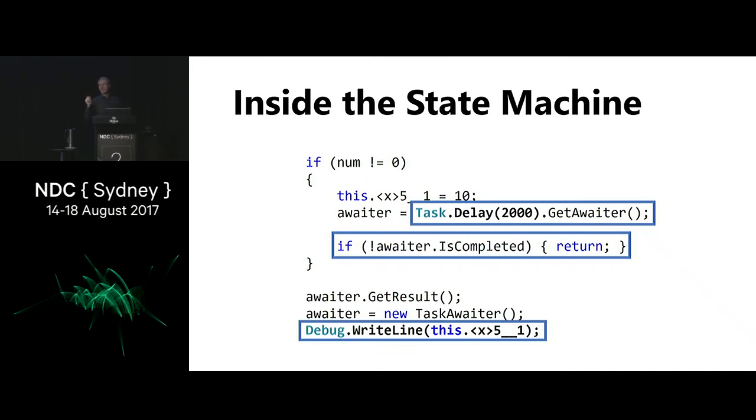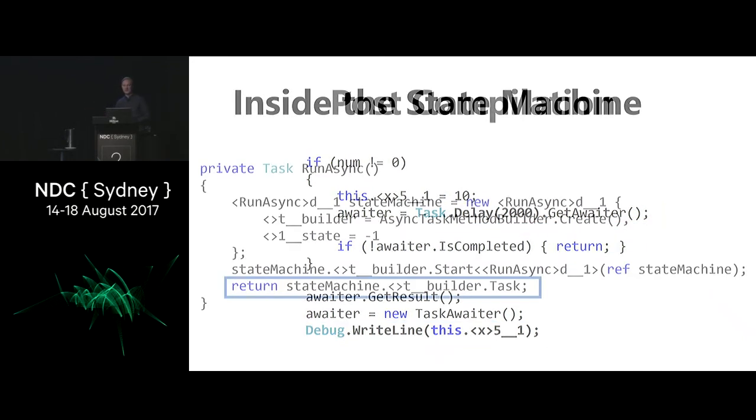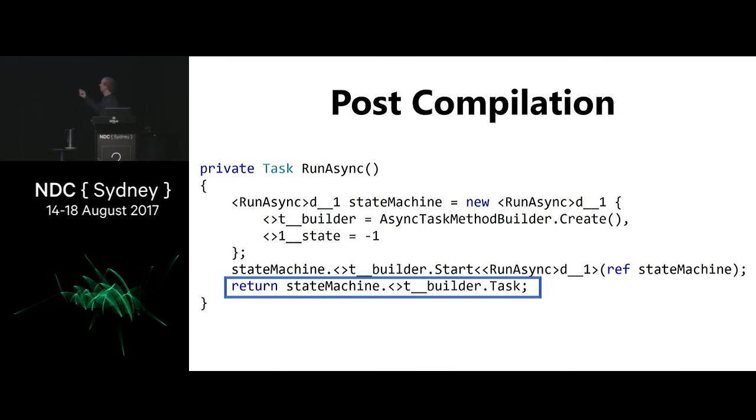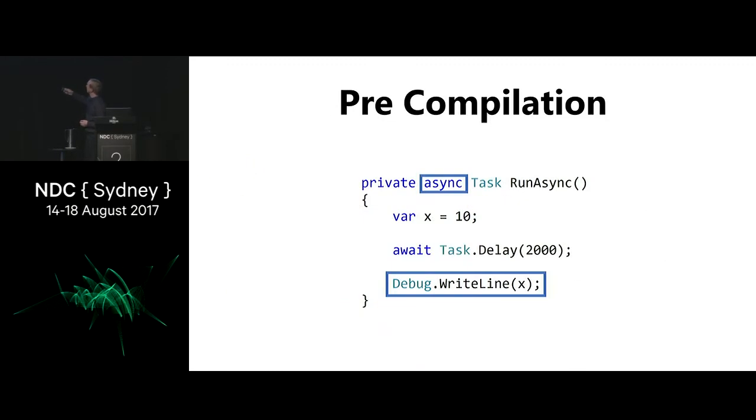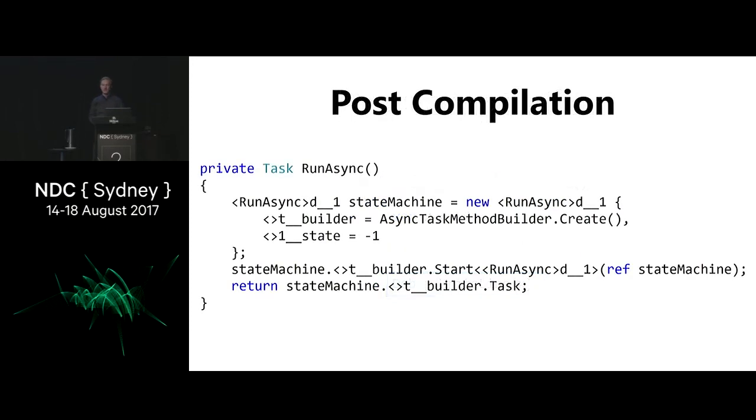Now, what's really interesting here is that this is all running on the same thread that you're calling the method on. So if we step back a little bit, we have RunAsync here. If you call this method, what I told you earlier is that it doesn't just magically become asynchronous. It generates a state machine, and we can see that it's running our state machine.